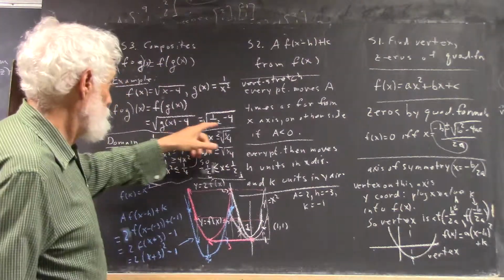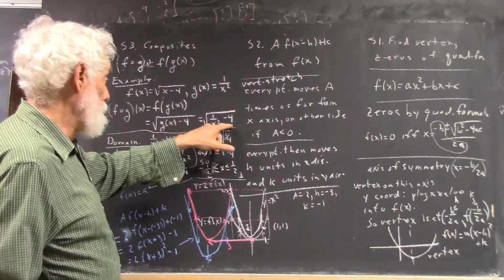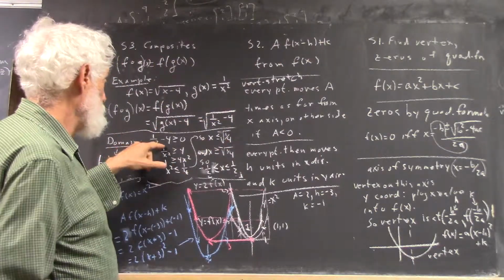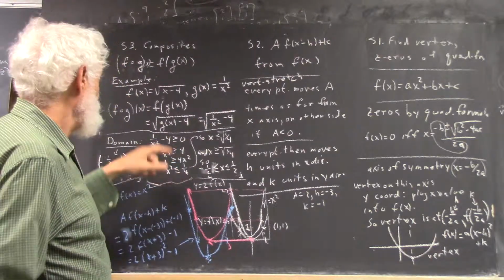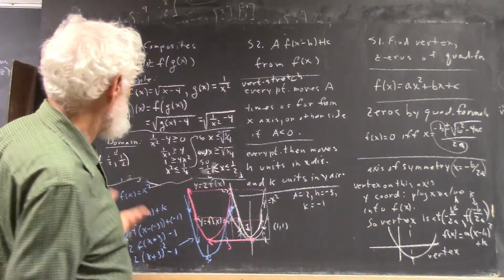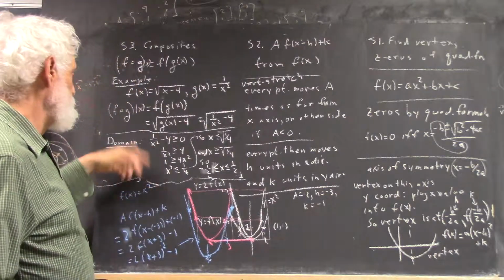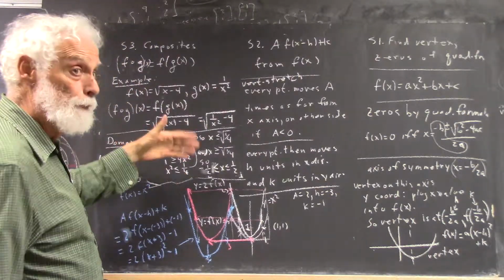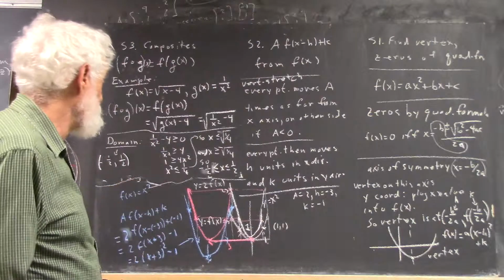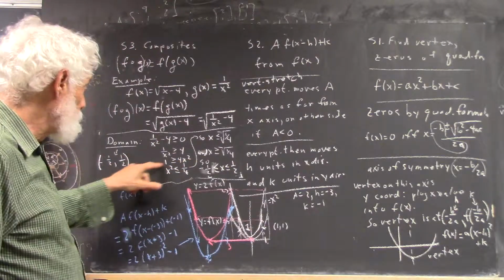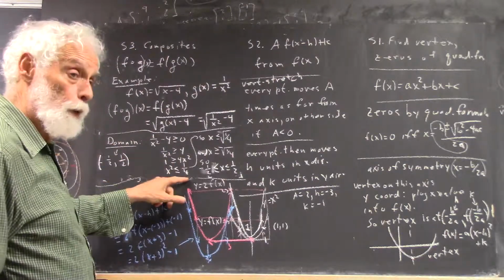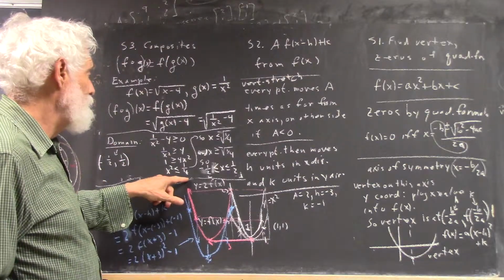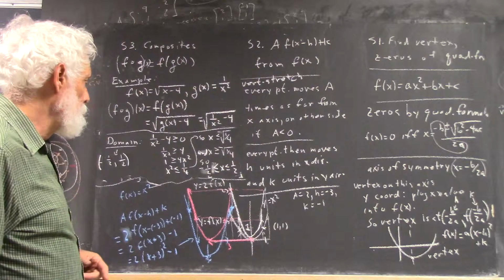So we can write the fact that this can't be negative as 1 over x squared minus 4, same expression, has to be greater than or equal to 0. And then we solve this inequality. It's very simple. We put the 4 over on this side, add 4 to both sides, multiply both sides by x squared, divide both sides by 4, and then we've got to be a little careful.